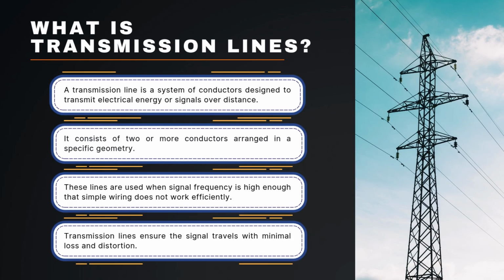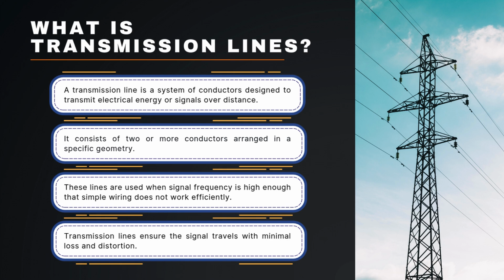A transmission line is a specially designed system of conductors that transmits electrical signals or energy over a distance. These are not just simple wires. They are structured to ensure that signals can travel with minimal distortion and energy loss, especially when the signal frequency becomes high.